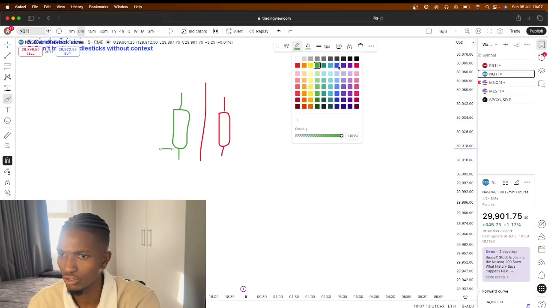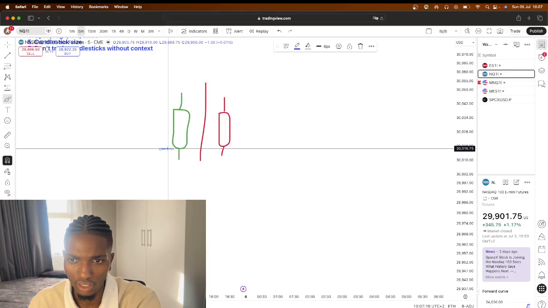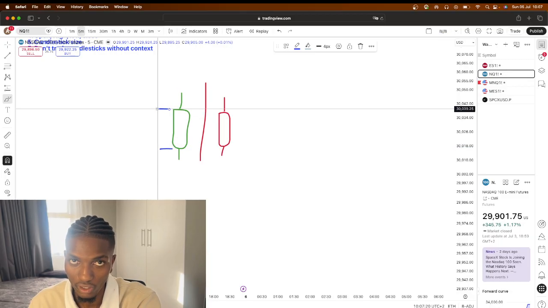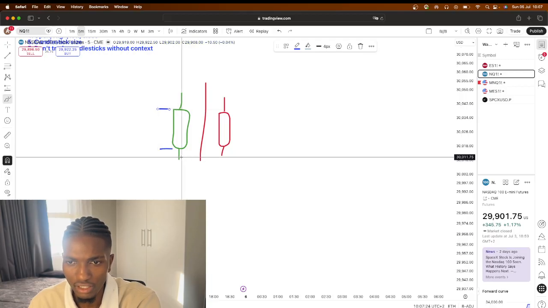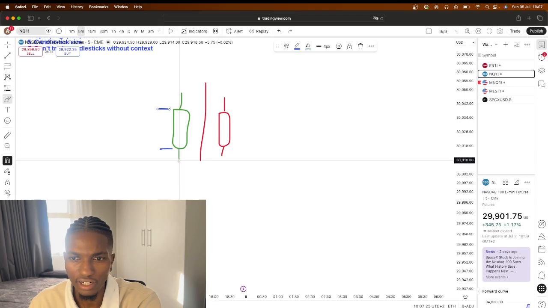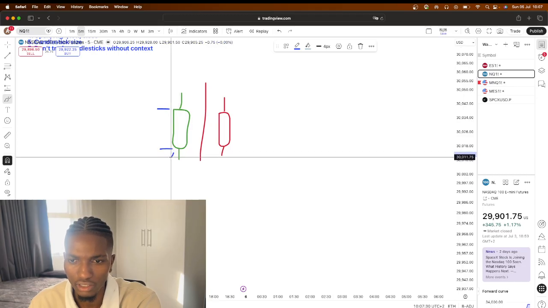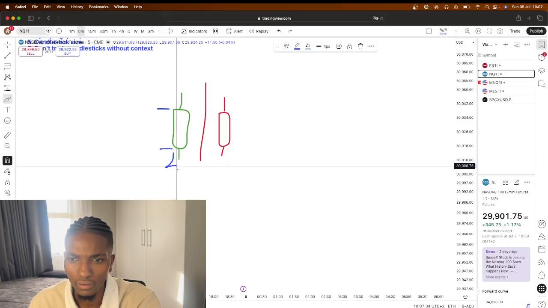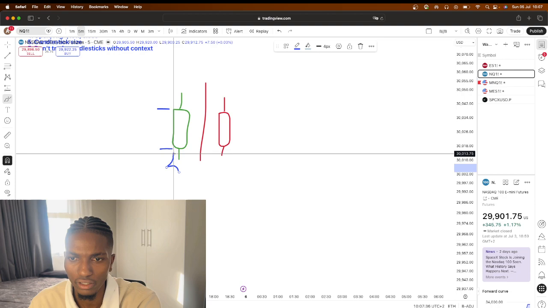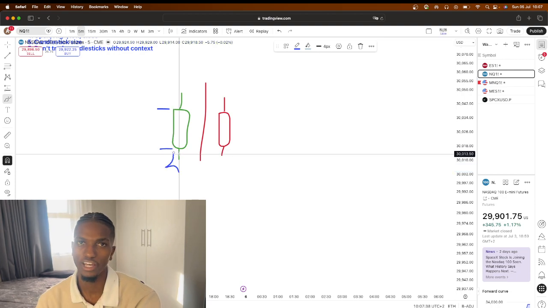Let's use blue. This was the opening, right? This up here, this was the closing of the candlestick, right? And then this hair string that you see here, this hair string is what we call a wick.